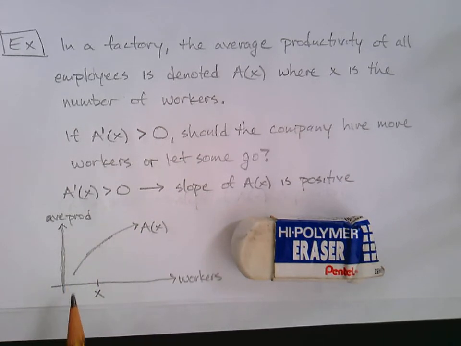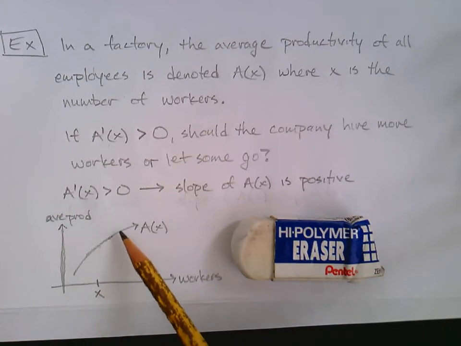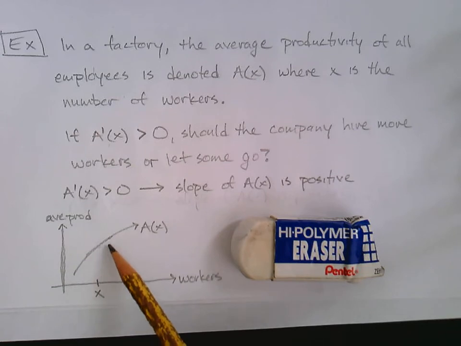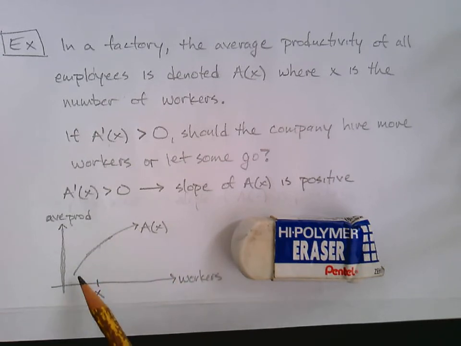Okay, so I got this quick little graph, average productivity here, and the number of workers here. And I drew this curve kind of going this way, but it could have been a straight line, it could even curve the other direction like this. I just happened to draw it that way.